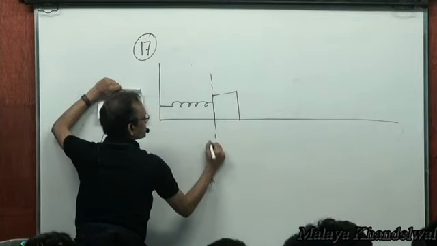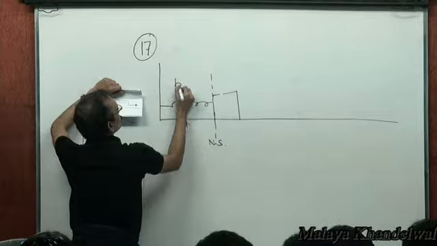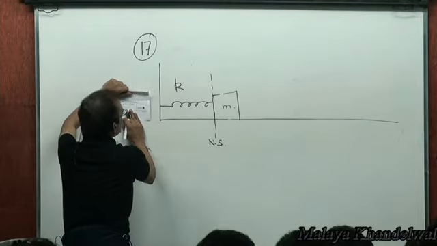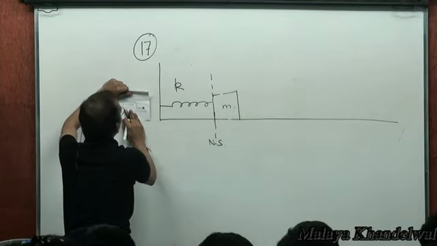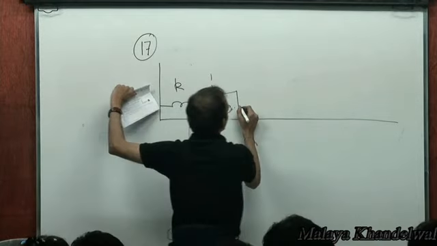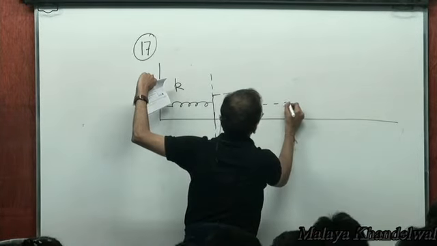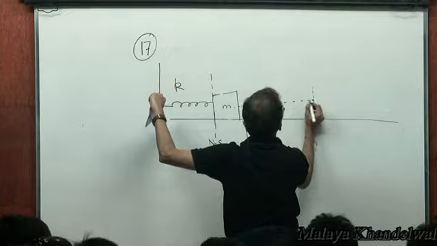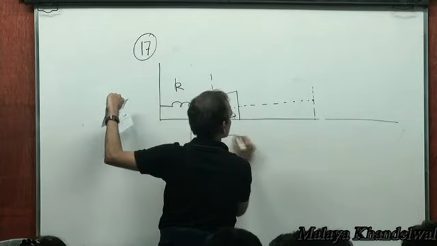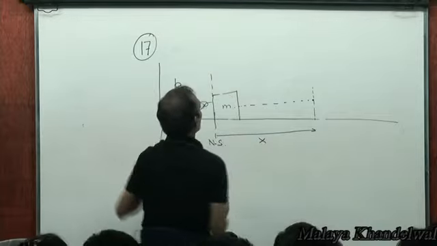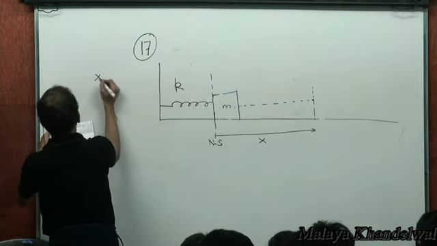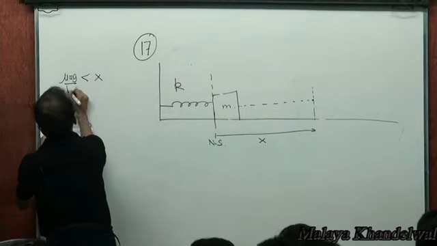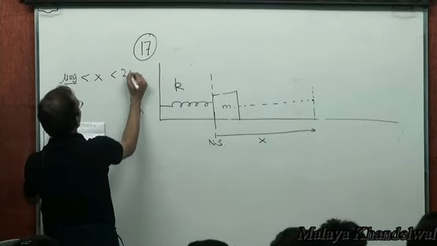This is the natural state of the spring. Spring of force constant K, block of mass M. The block is pulled towards the right to give the spring an elongation X, where this elongation x is greater than mu mg by k but less than 2 mu mg by k.